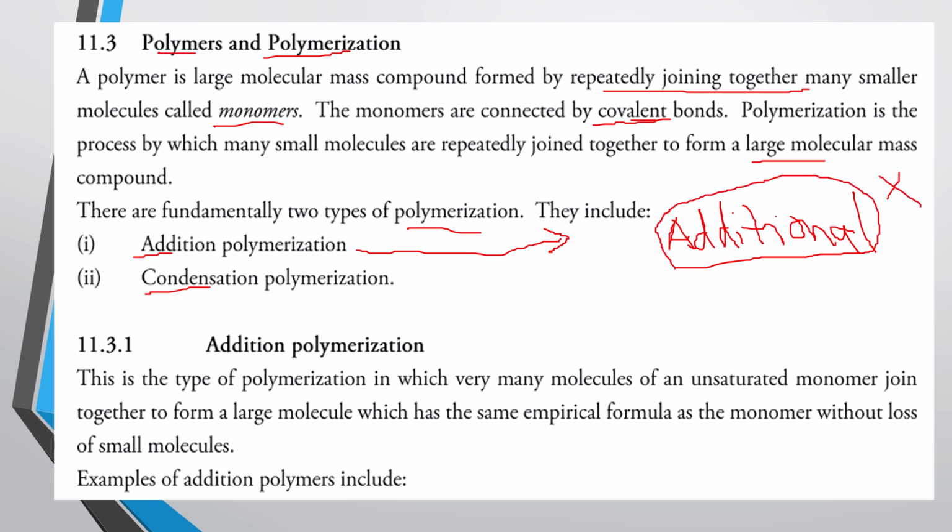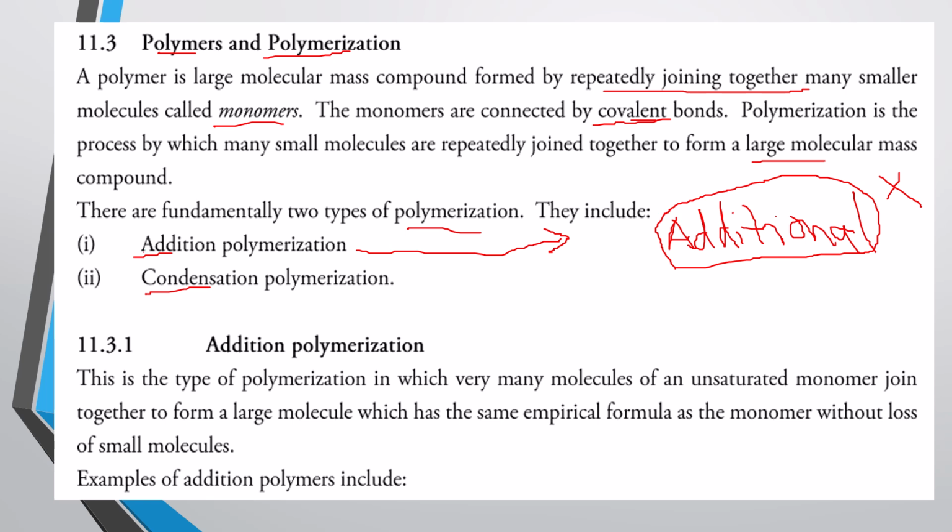So therefore, your answer will be rejected. There are two, and the first one you should take key emphasis on. It's addition, it's not additional. So addition polymerization together with condensation polymerization are the only types of polymerization we have in forming polymers.